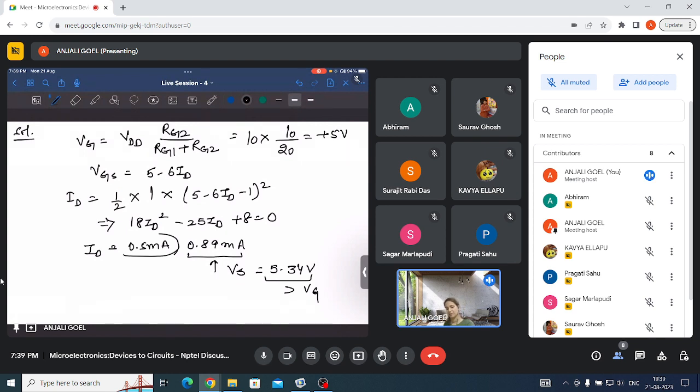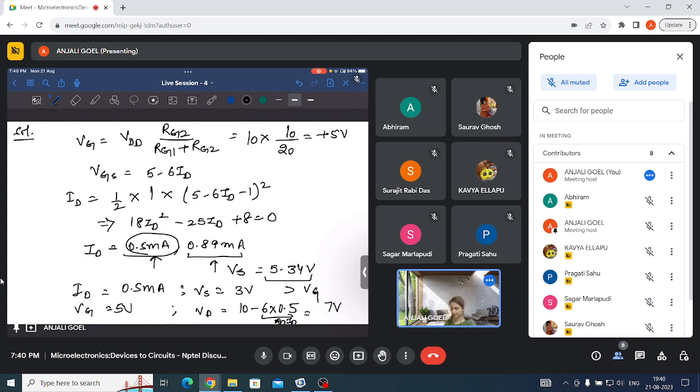So we selected 0.5 milliamperes. Now ID is equal to 0.5 milliamperes and Vg is equal to 5 volt. After replacing, your Vs is equal to 3 volt, and your Vd is equal to 10 minus 6 into 0.5, this is Rd Id, so this equals 7 volt. Does anyone have any doubt in this?